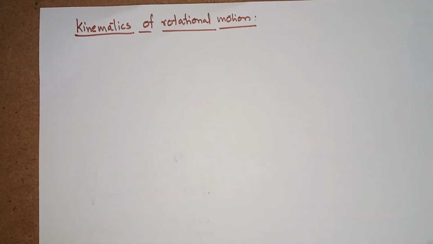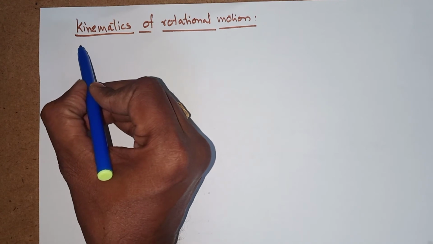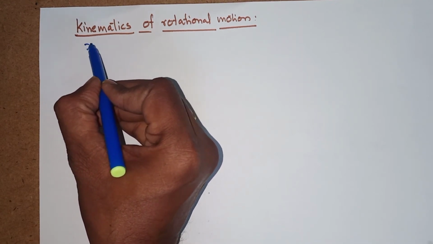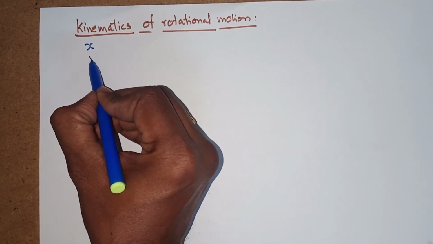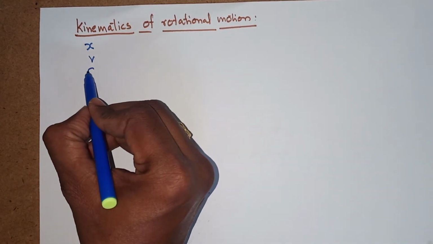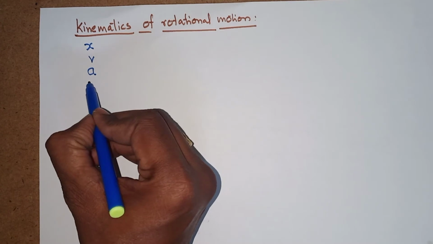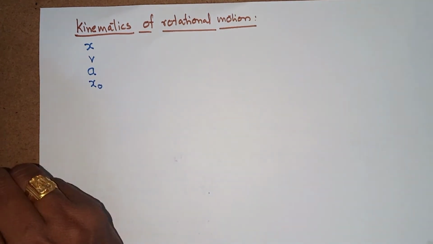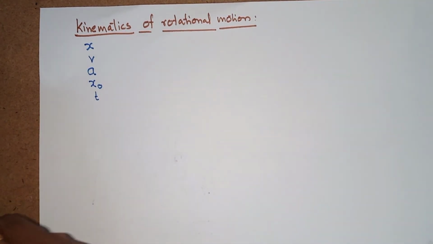Now how do we deal with the equations of motion of bodies that are rotating about a fixed axis? Generally in translational motion we have seen that the linear displacement is x, linear velocity is v, linear acceleration is a, and x naught is the initial displacement at time t.